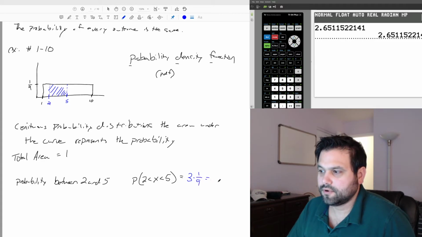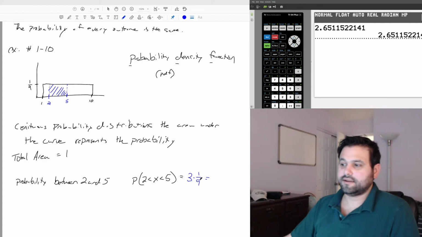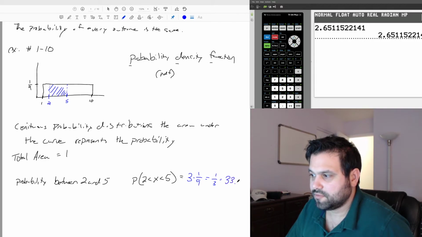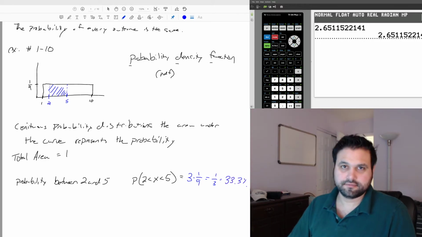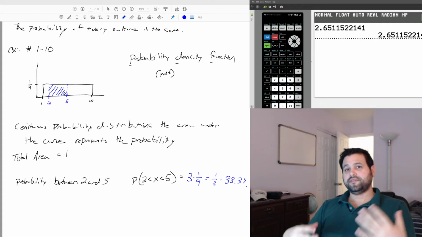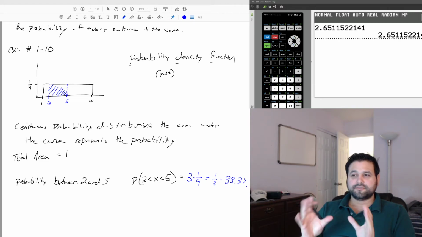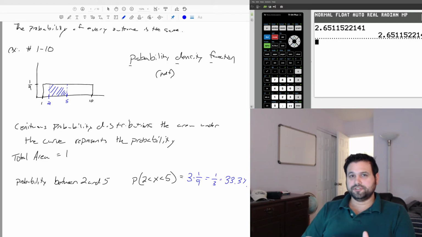Right, and so we get the probability of that to be 1/3, or essentially 33.3%. Okay, so the probability that the number was between 2 and 5 is essentially 33.3%. Okay, and so that's the uniform distribution.